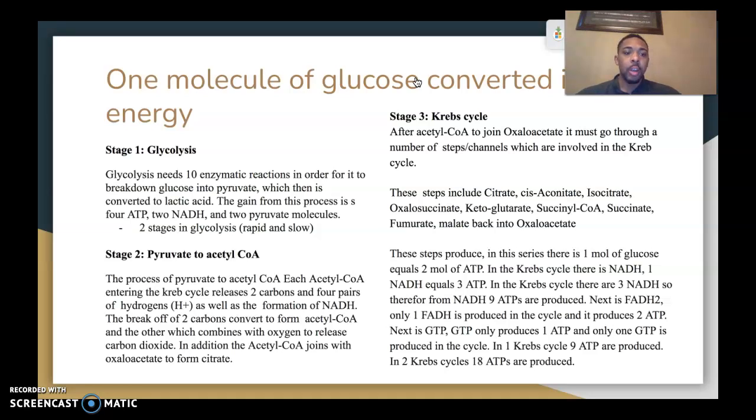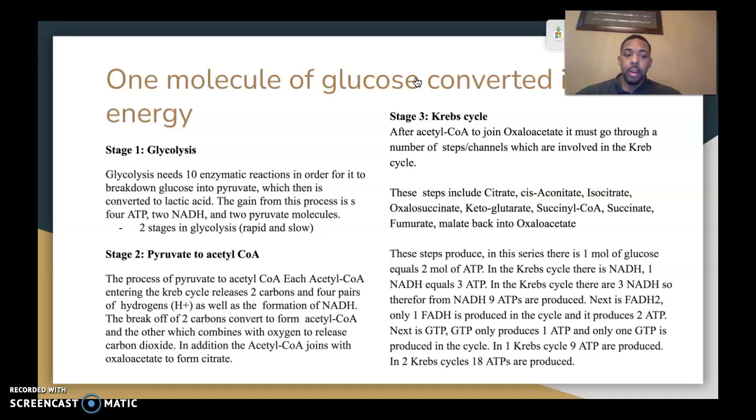Next, another compound that is produced is FADH2, and only 1 FADH2 is produced in the cycle, and it produces 2 ATP. Next, another compound within this cycle that is produced is GTP, and GTP is only produced once and only produces 1 ATP. So in one total Krebs cycle, there are 9 ATPs produced, but since this has to happen twice, 18 ATPs are produced.